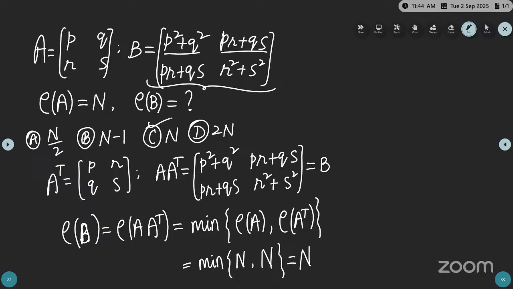Related to normal form, you can write one more simple result. Please write that.